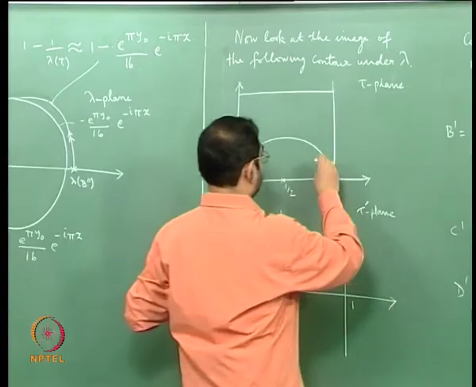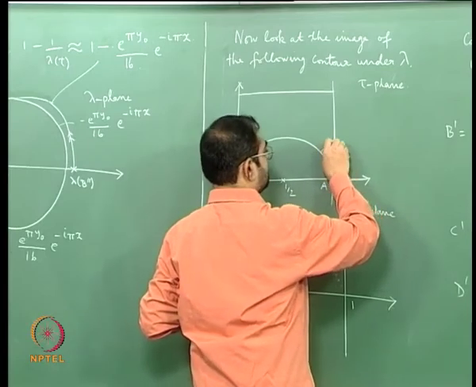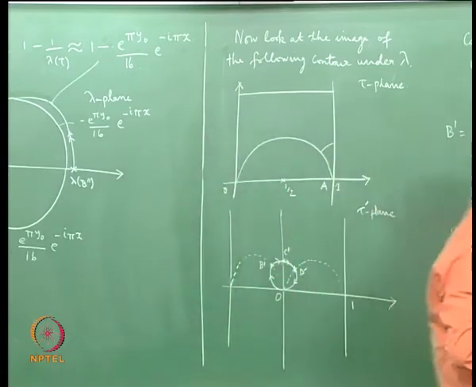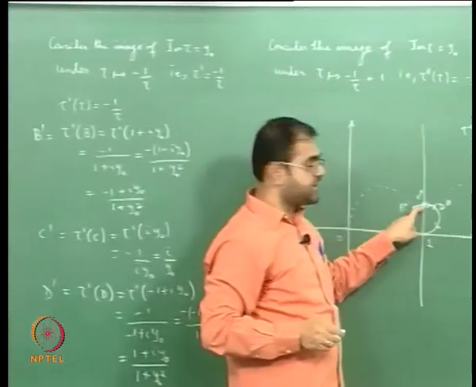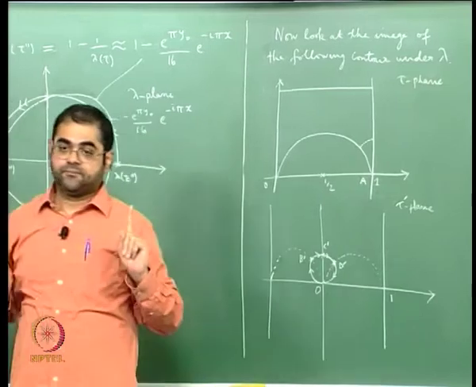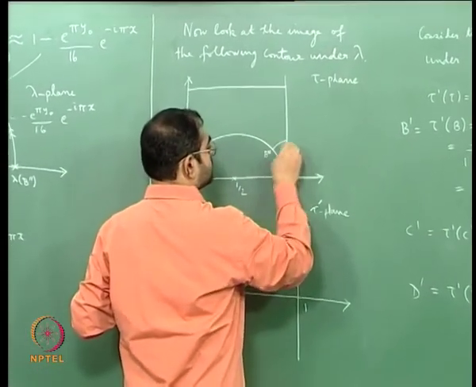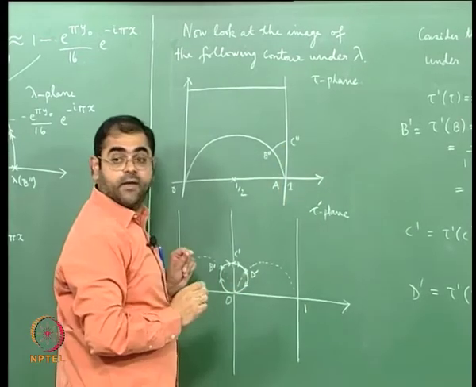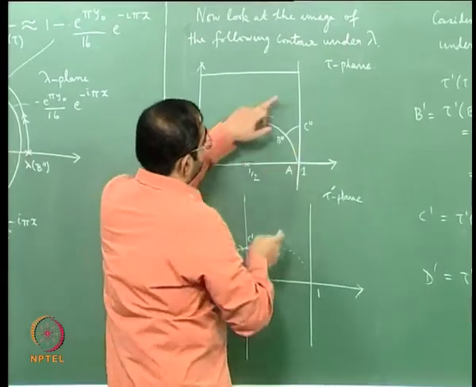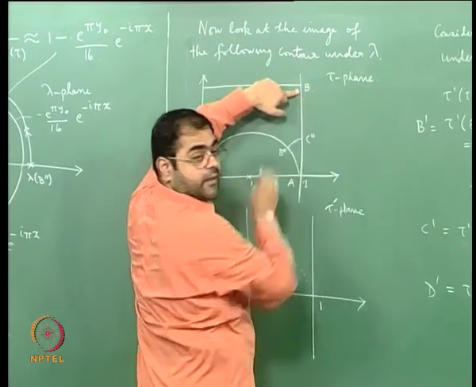Then I'll take this portion of this segment, so it's B double prime C double prime, but think of it also as lying in the tau plane. So this is B double prime C double prime, and then this is of course B, this is C.